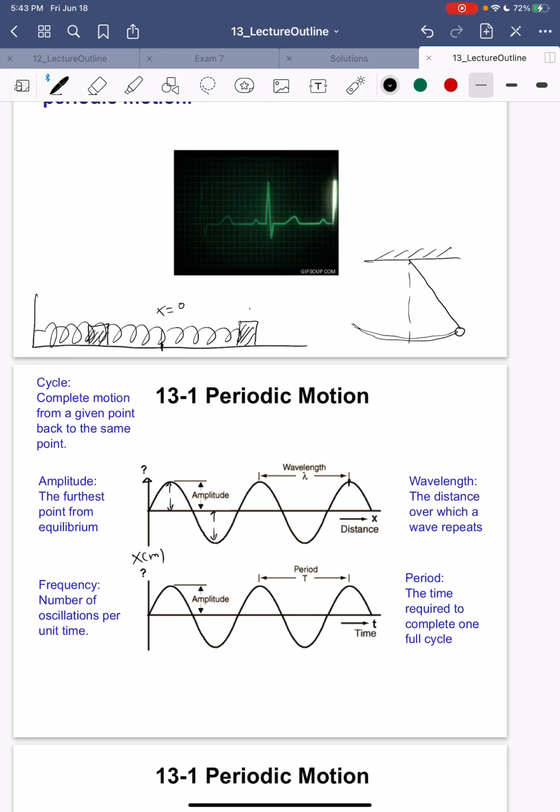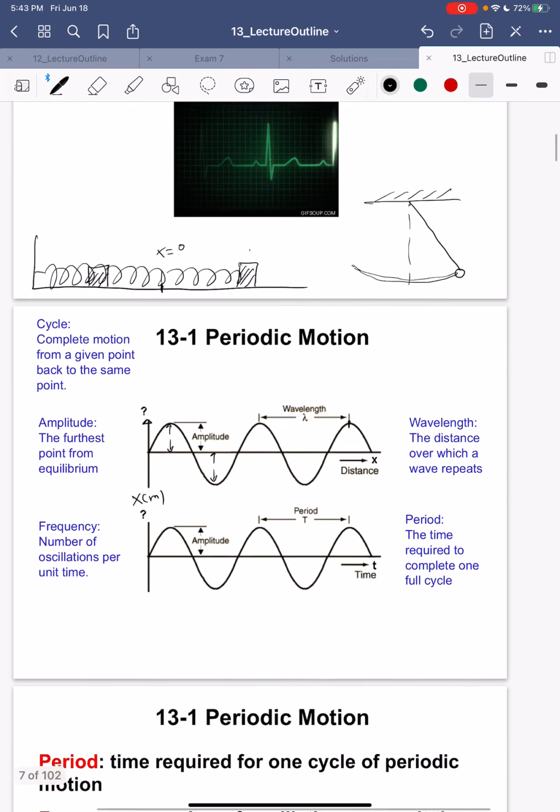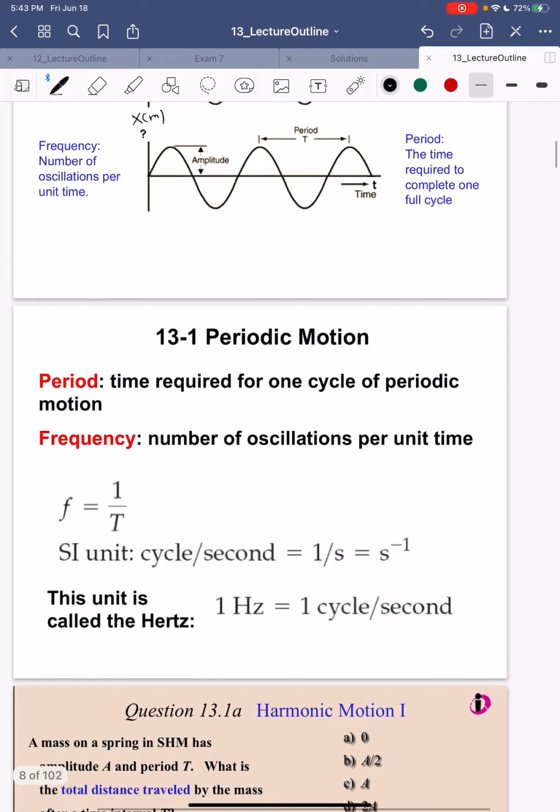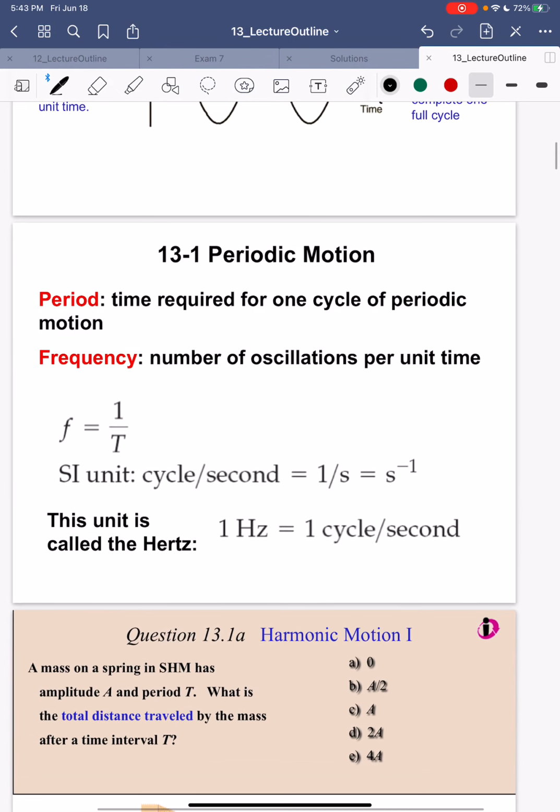It is the distance between any two successive peaks or any two successive crests. The period is the time required to complete a full cycle. There is a relation between period and frequency: the frequency equals 1 over T, and T, the period, equals 1 over f.